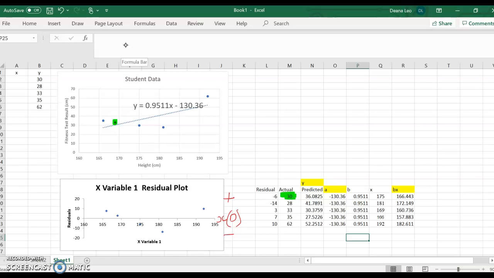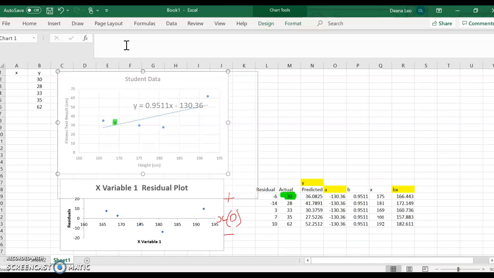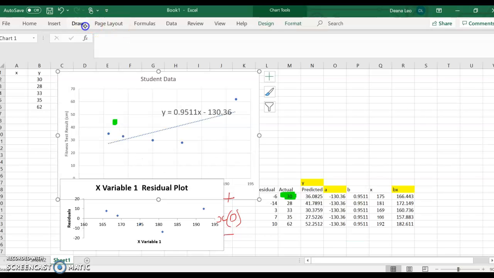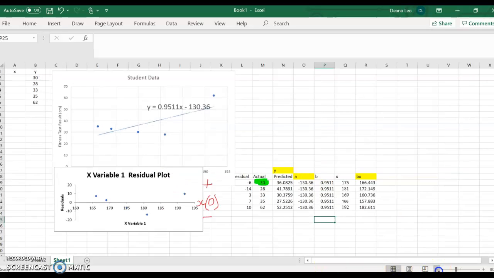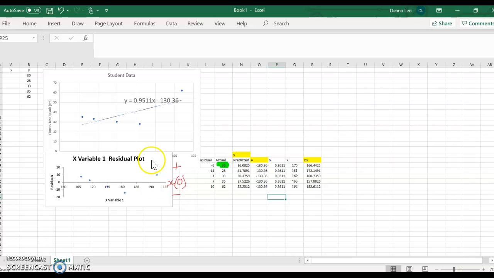Okay, now what is predicted? I think we need to make this a bit bigger, hey? Just so you can see where that -6 is coming from. Sorry guys, we'll just minimize this. Get out of that.